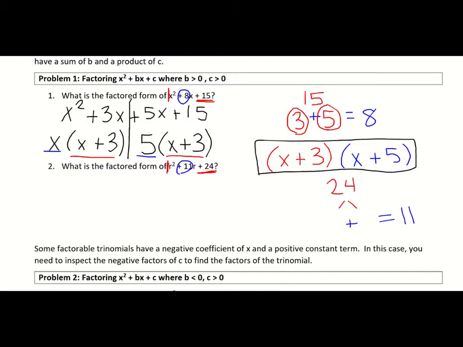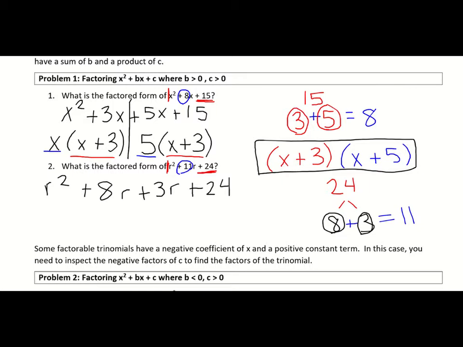Those two numbers, of course, would be 8 and 3. So I'm going to rewrite my trinomial with 8 and 3 in the middle instead of 11. So this would be r squared plus 8r plus 3r plus 24.